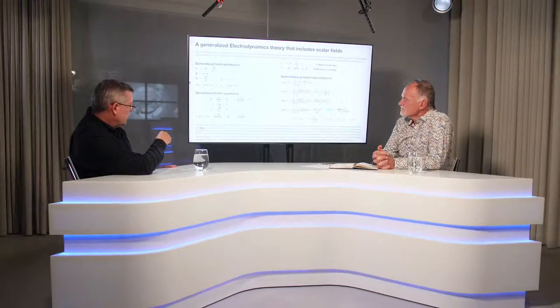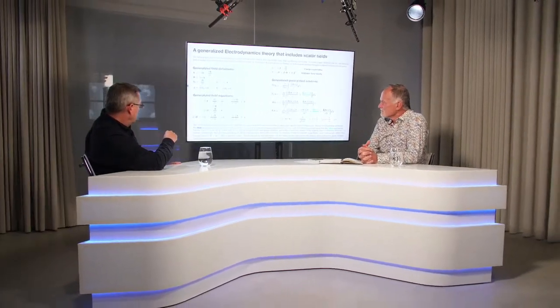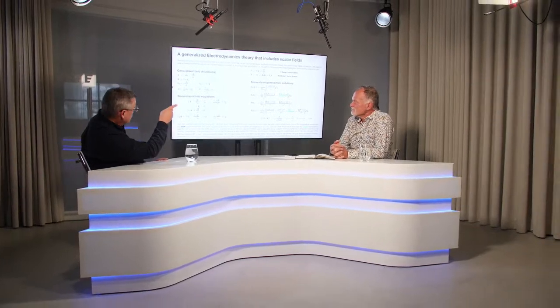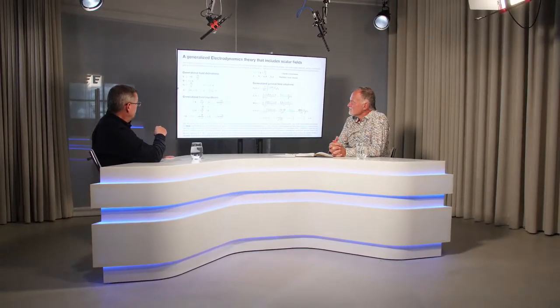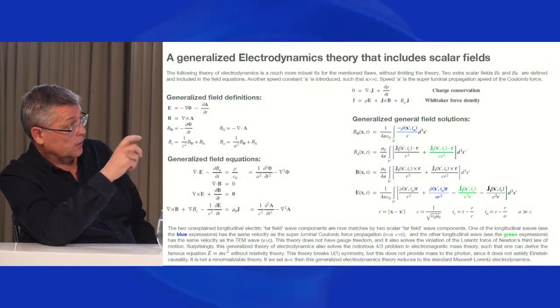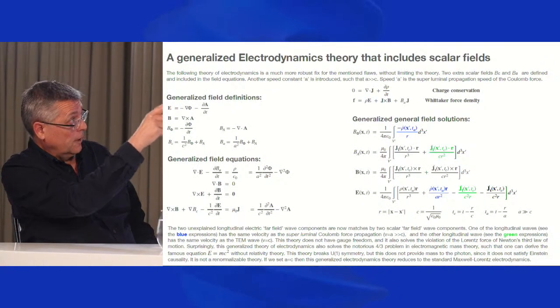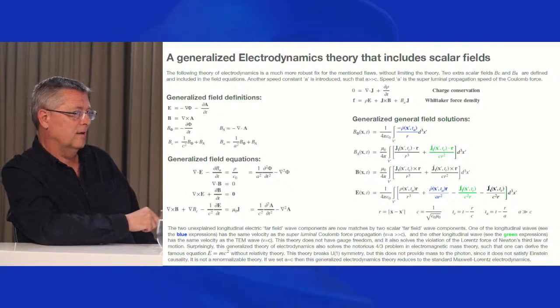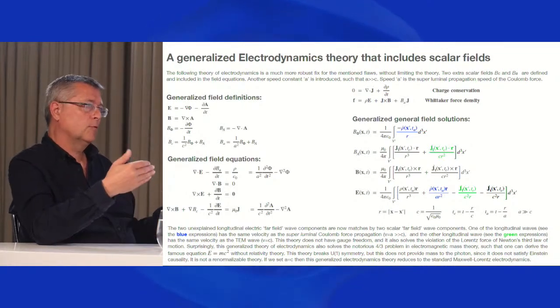Okay, what can I say about that? There are two types. The green one is a superluminal type of longitudinal electroscalar wave. Oh no, sorry, that's the luminal type. It's the other way around. And the blue fields here are superluminal. So we have two types of waves.